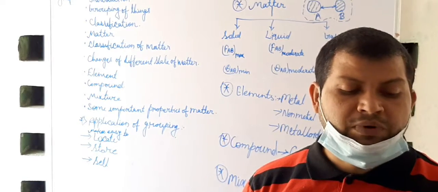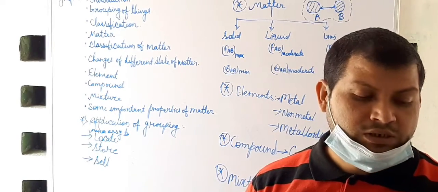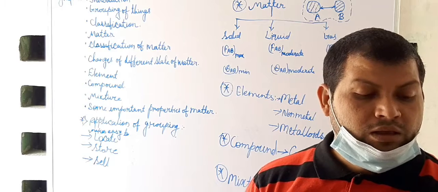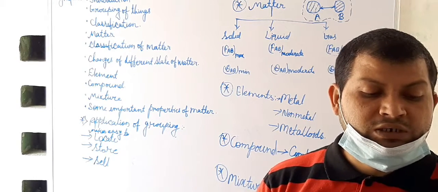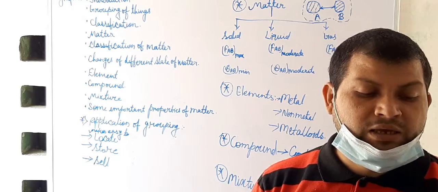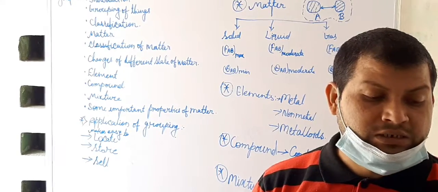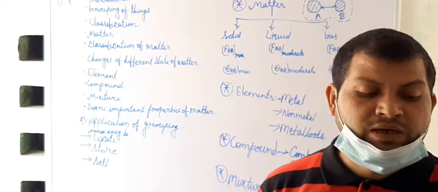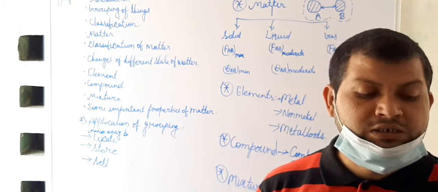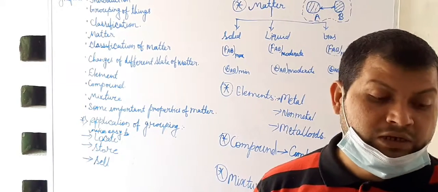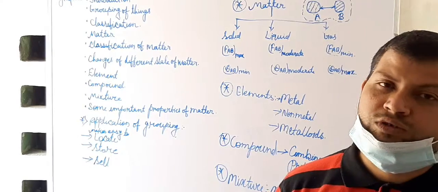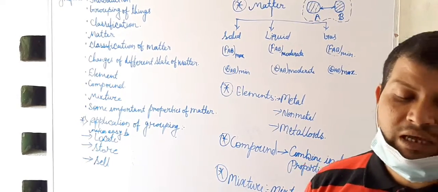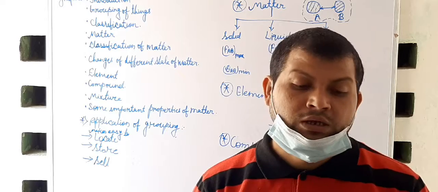It is an example of gas to gas diffusion. Another example: when we light an agarbatti, an incense stick, in one corner of the room, it forms gaseous vapor which has a natural tendency to intermix with air, so we can smell it throughout the room. So these are examples of diffusion.